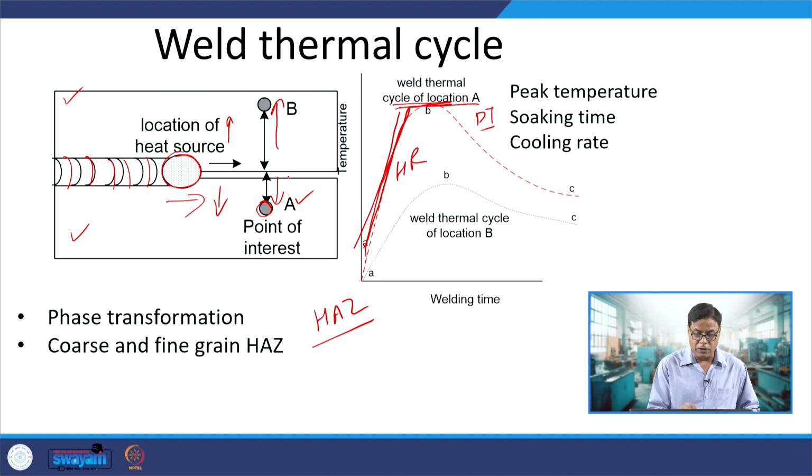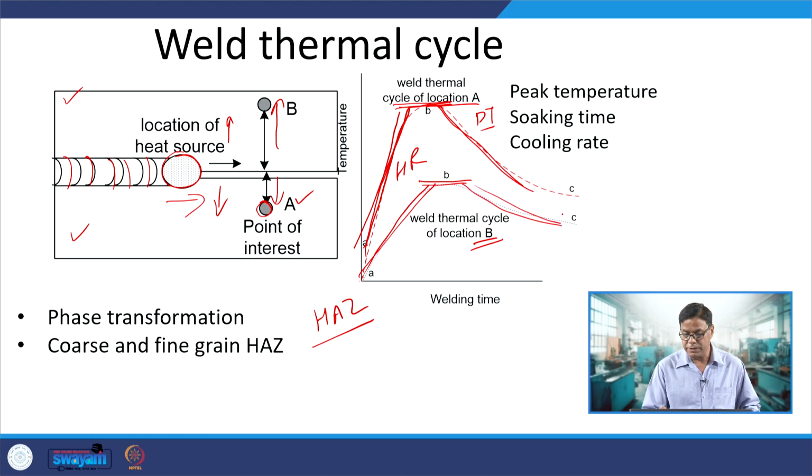If we talk about these two aspects, then location B, which is a little away from the weld center line, will experience a lower heating rate and lower peak temperature, and likewise a higher cooling rate will be experienced by location A, and a lower cooling rate will be experienced by the metal in location B.